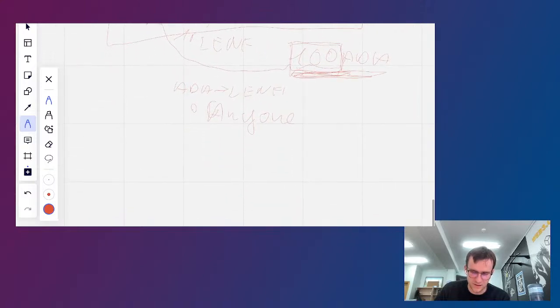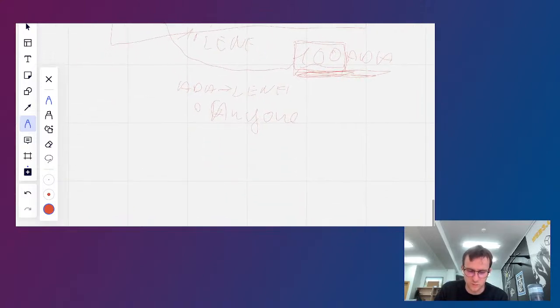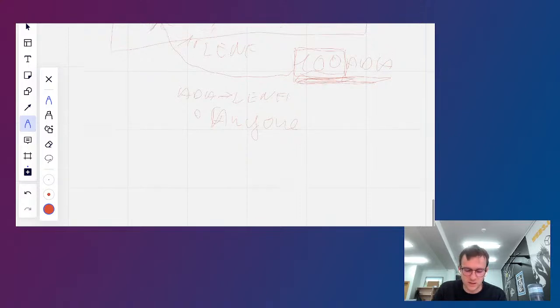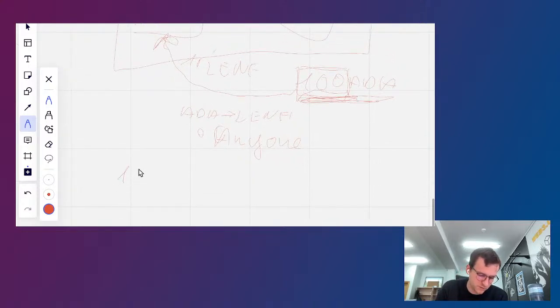The thing is, we assure the pool depositors will want to do it, because let's assume the pool is 20 Lenfi tokens, and you have 10 LP tokens, which means you have 50% of the pool.